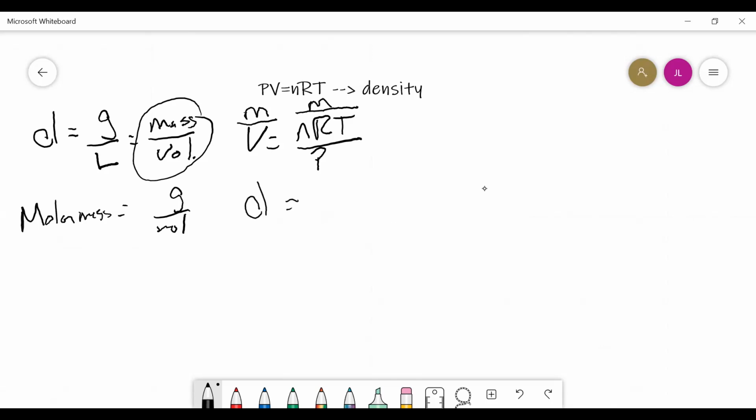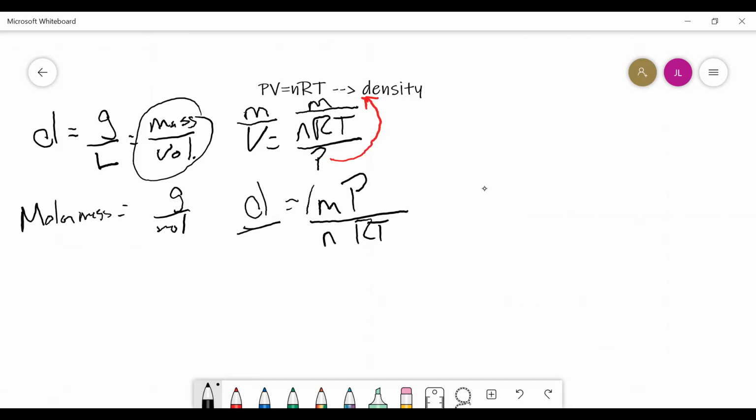Now we have mass over nRT over P, and since P is a denominator within a denominator, we move it to the top. So we end up with mass, little m, times pressure over nRT. We've already solved for d: density equals mass times pressure over nRT.